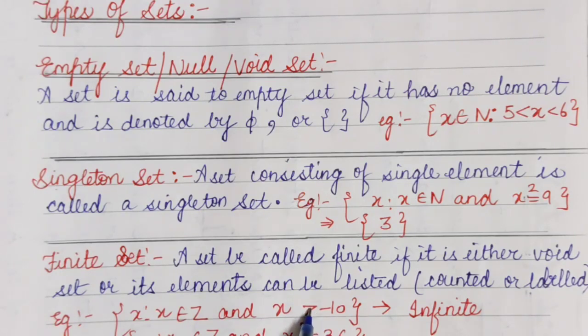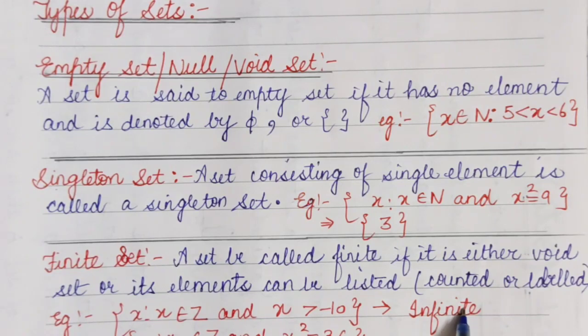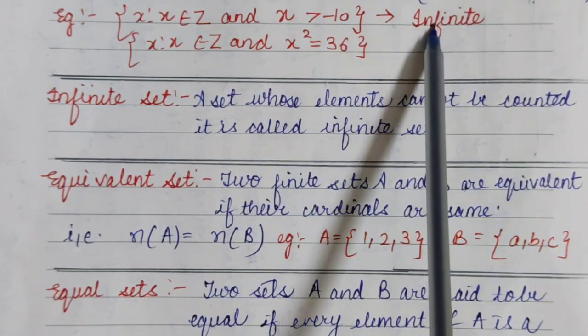So I think it is impossible for us to know how many elements are going to come here. So we will not say this is a finite set. It will become its opposite, which means infinite set. Fine. So whenever the elements are countable, that becomes finite set, and whenever elements are not countable, that becomes infinite set. So it is infinite set.